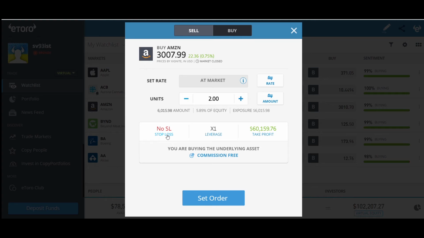The eToro terminal will automatically sell your stocks when the stock price reaches some amount of money, or take profit as well. If it goes up and reaches some price, it will take the profit and sell the stock. So this says commission free, and you set the order.